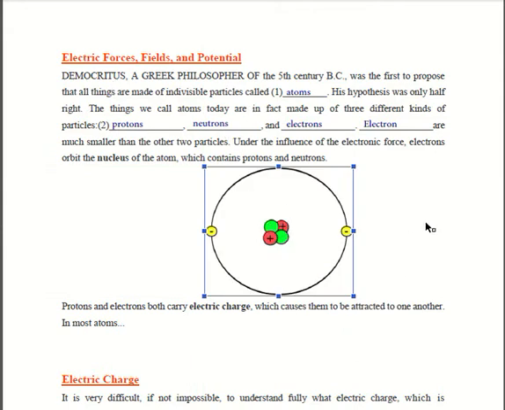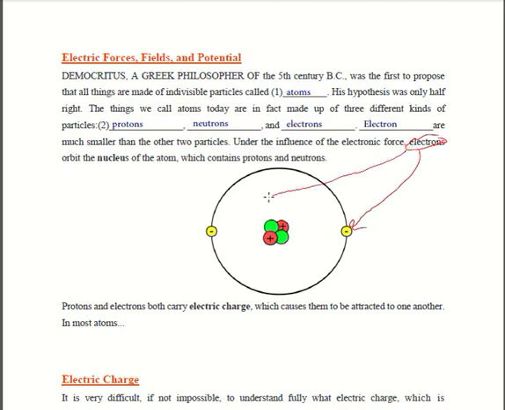He thought an atom was the smallest thing, but we know now it's made up of a few smaller pieces. So the electrons, they're the ones that orbit. They're the yellow guys out here. So yellow electrons. And then the nucleus, which is made up of the protons and neutrons, is right there in the middle. So protons being the red and neutrons being the green.